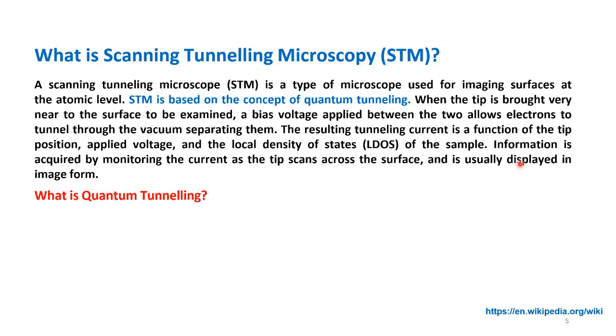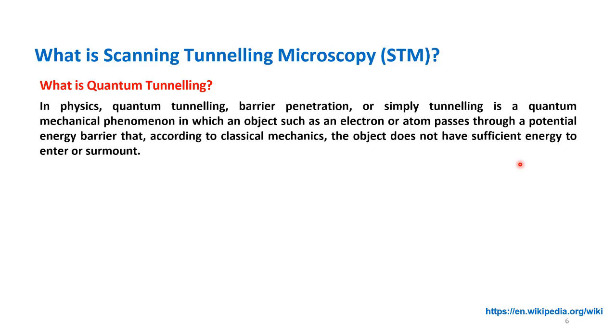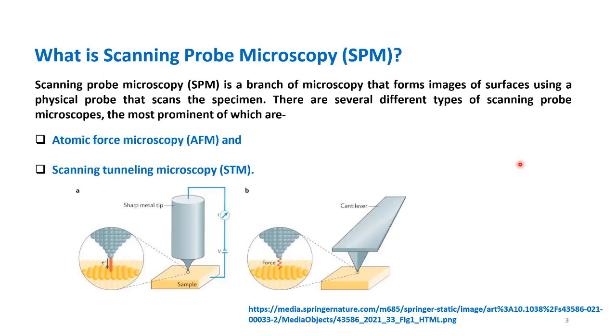So what is a scanning tunneling microscope? First, it uses the concept of quantum tunneling. What is quantum tunneling? Quantum tunneling is barrier penetration, or simply tunneling of an electron through a potential energy barrier. As I told, the sample and the tip are connected, and a voltage is applied.